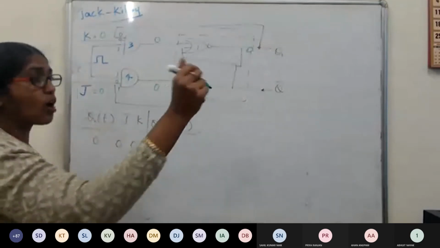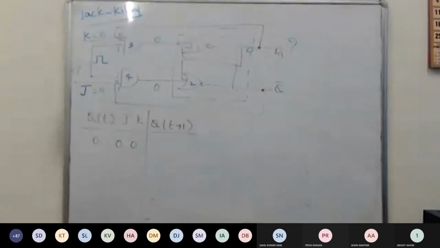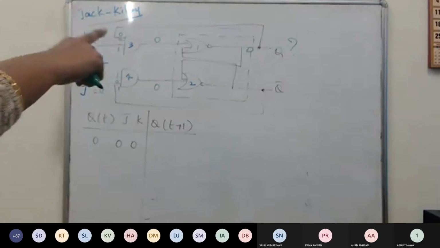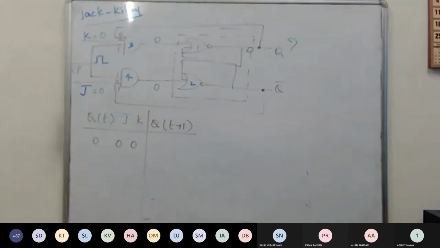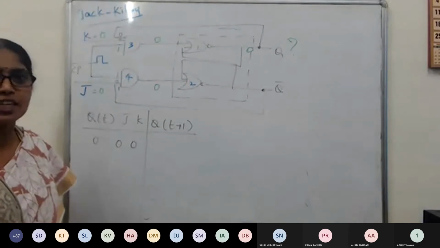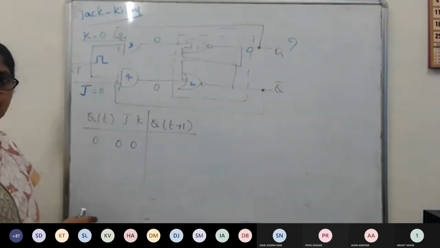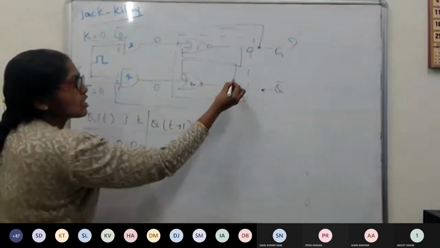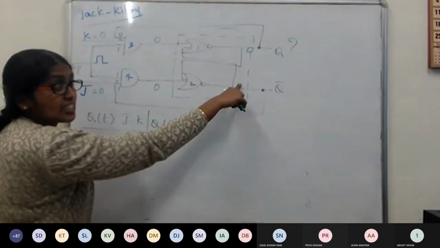Now our aim is what? We have to find out what is Q of T plus 1. That 0 which exists there is Q of T. Now what will be Q of T plus 1? What is the NOR property? If any of the inputs is 1, output is 0. But as such, we didn't receive anything like that. So if you see carefully, you have the already existing one here, from the T incident.